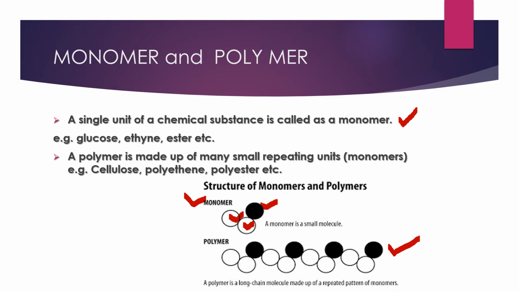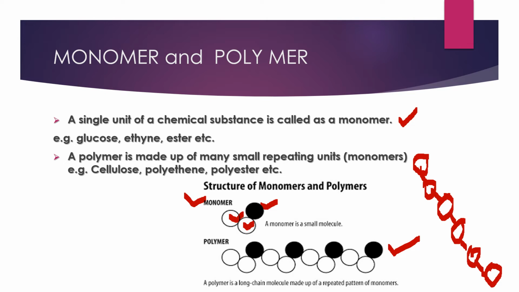It will be linked continuously and a long chain will be formed, like how you put beads in a long string. One single bead is a monomer, and if you put the beads in a long string, it becomes a polymer. That is the difference between a monomer and a polymer.